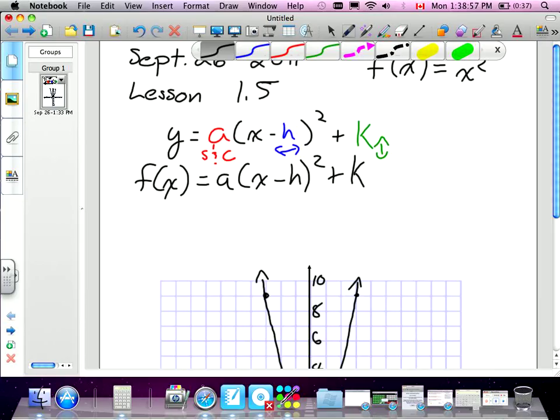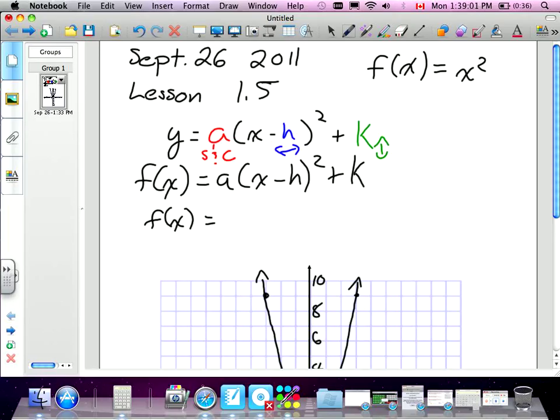Let's say we have the function f of x is equal to negative 2 times (x plus 4) squared minus 3. Okay? So first off, I have to recognize which of these numbers represent the letters we have above.